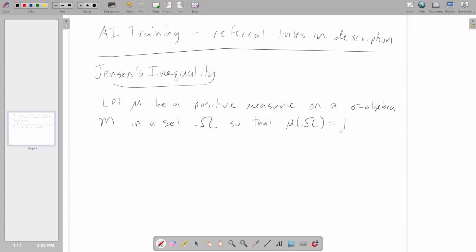So incidentally, this is normally known as a probability space.